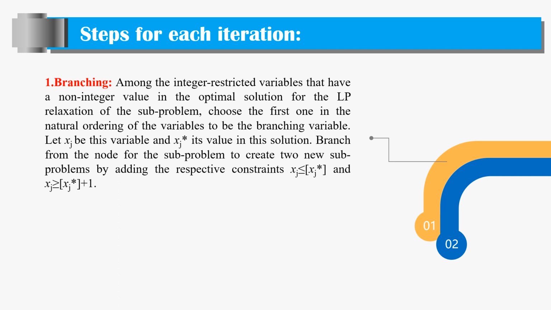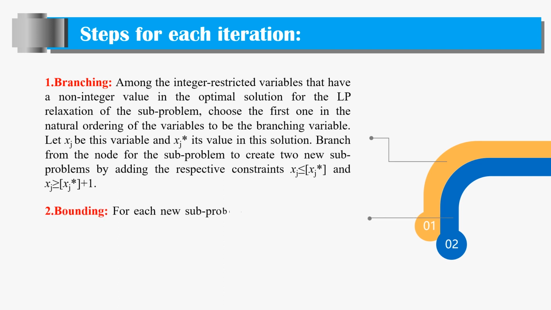Branch from the node for the subproblem to create two new subproblems by adding the respective constraints: xj less than or equal to floor of xj*, and xj greater than or equal to floor of xj* plus 1.